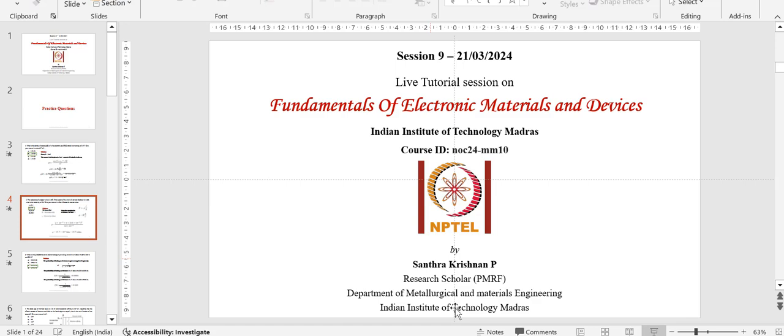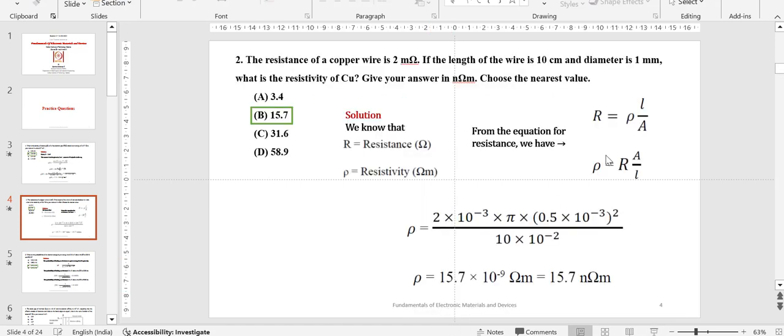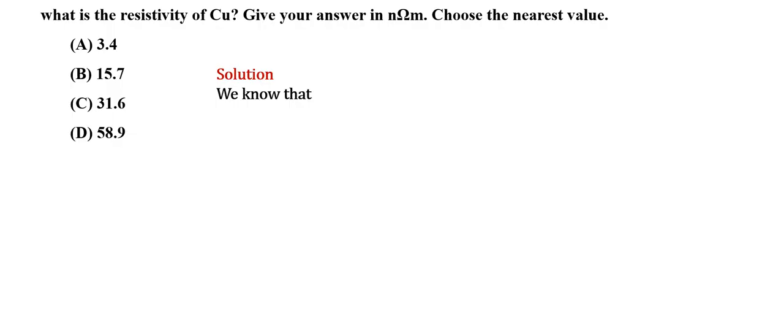Please note down the values. Resistance is 2 milliohms, wire length is 10 centimeter, and diameter is 1 millimeter. What is the resistivity? You have to give the resistivity value in nano ohm meter. The resistance is given, the length of the wire is given, and the diameter is also given.